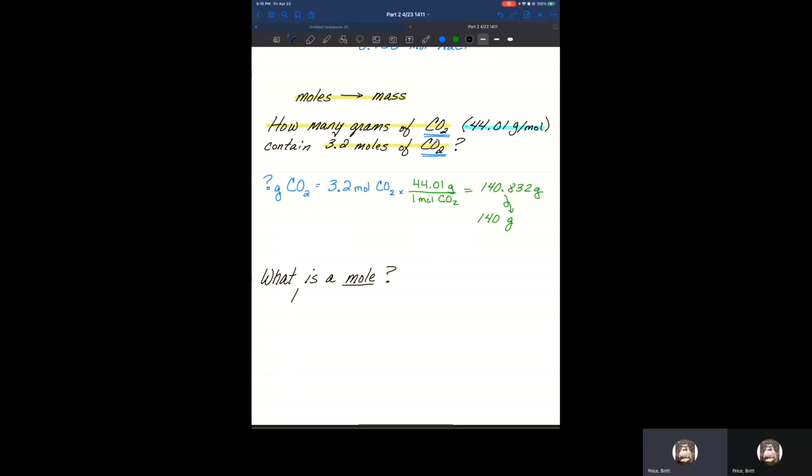Now, the fancy definition is given in the text. One mole of anything is defined as 6.02 times 10 to the 23rd power particles, pieces, parts of anything.